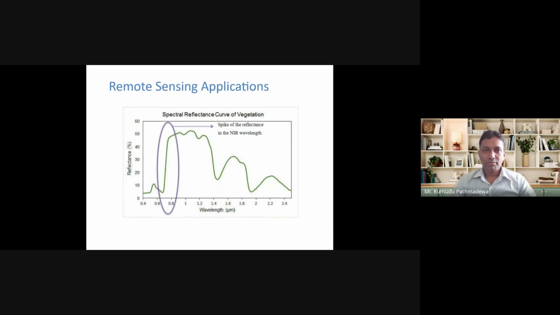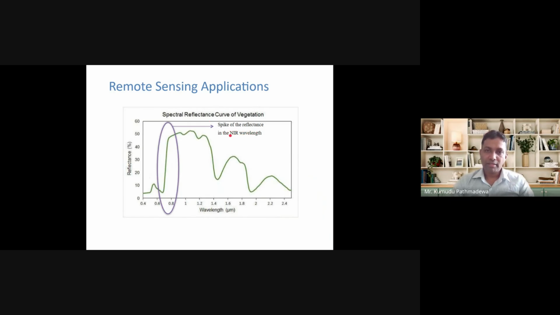Here also, as you can see, the near infrared region has more increase in this region than in this region.